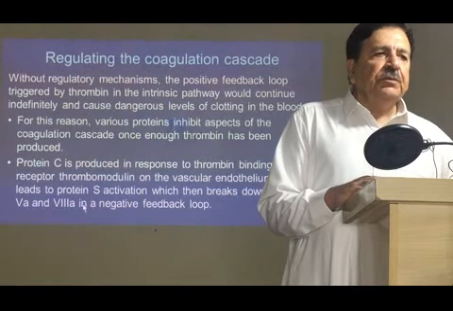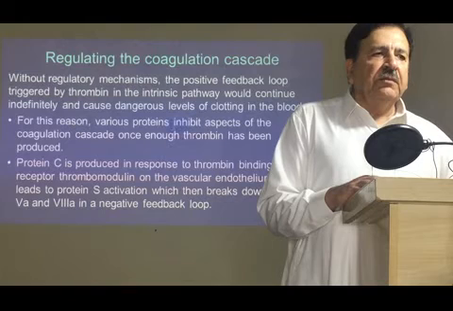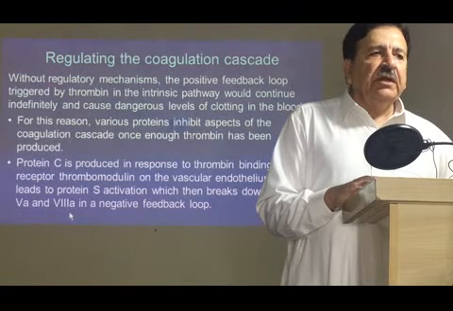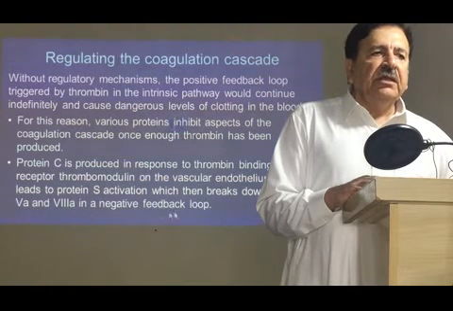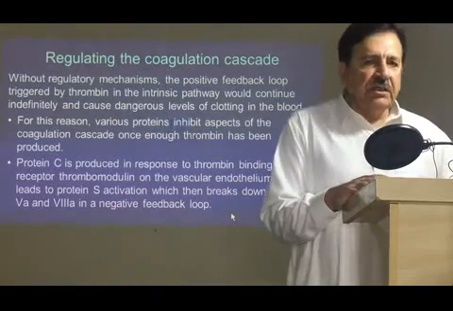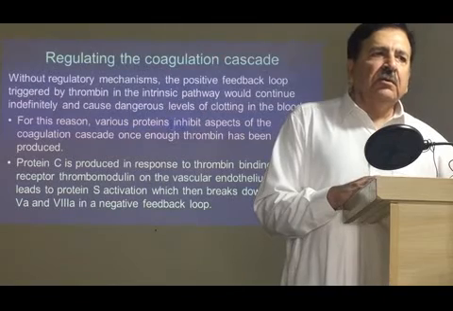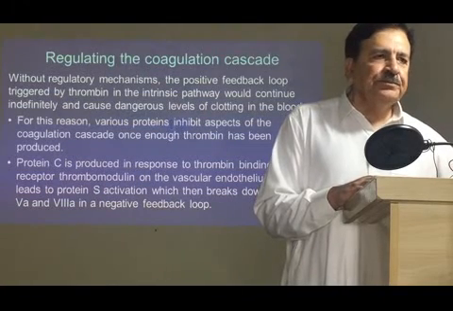This leads to protein S activation, which then weakens factor 5 and factor 8 in a negative feedback mechanism. So there is activation and there is inhibition of the coagulation cascade.